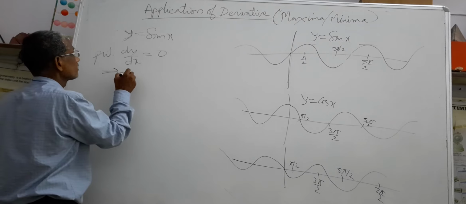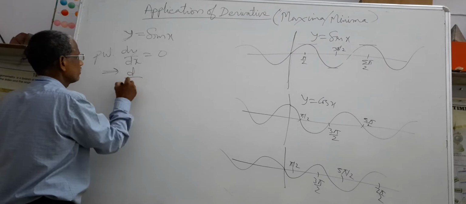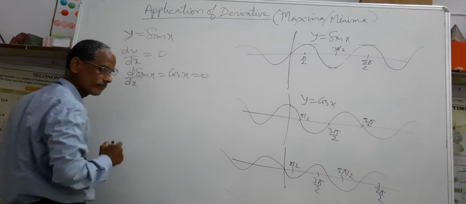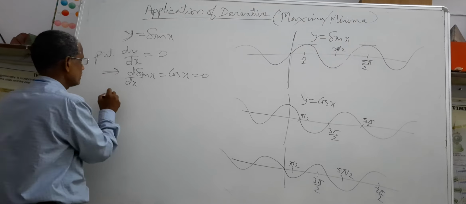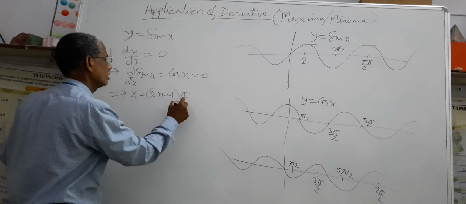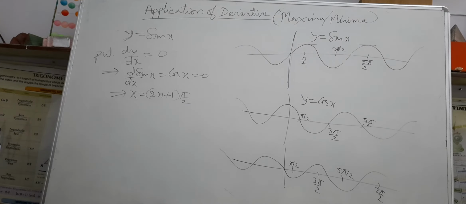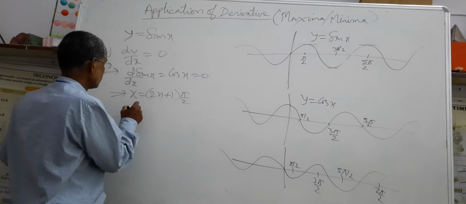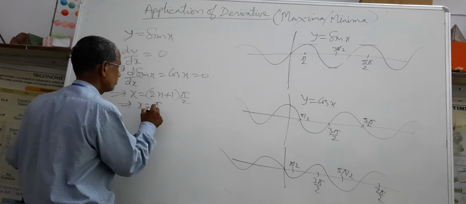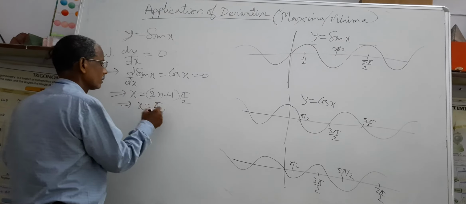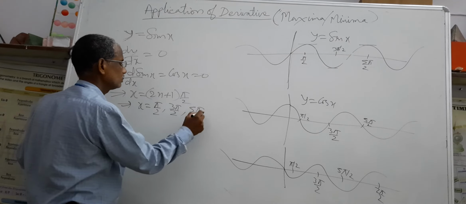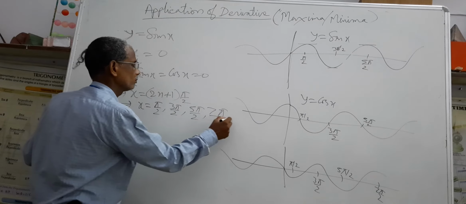This implies d dx of sin x, which is cos x, is equal to 0. Cos x is equal to 0 implies x is equal to (2n plus 1) pi by 2, from your trigonometry class 11. This implies x is equal to pi by 2 if n is 0. If n is 1, then it is 3 pi by 2, 5 pi by 2, 7 pi by 2, and so on.